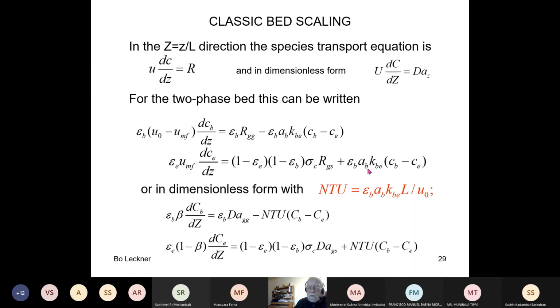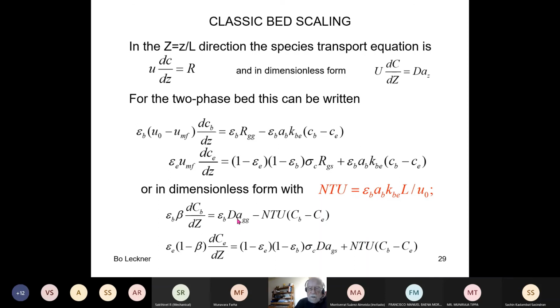But also here we have to consider the interaction between the bubbles and particle phase. So what was subtracted here is added here. This is an interaction term between the two equations, the bubble phase equation and the emulsion phase equation. You translate this into the dimensionless form.